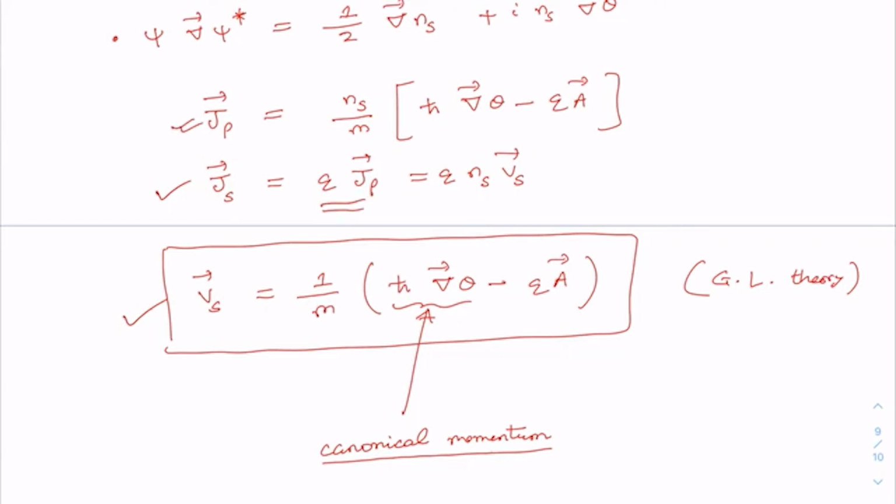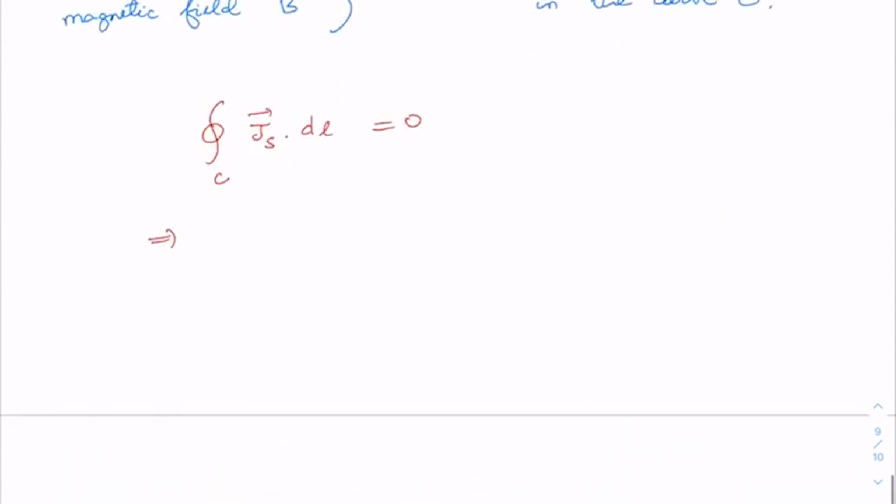This we already have, so utilizing these two we can now write it as Q charge into this integral ns divided by m, h cross gradient of theta minus Q into A, the vector potential, dot dl is equal to 0.